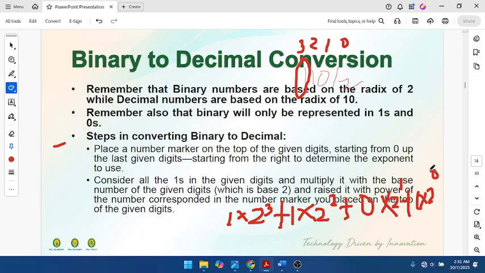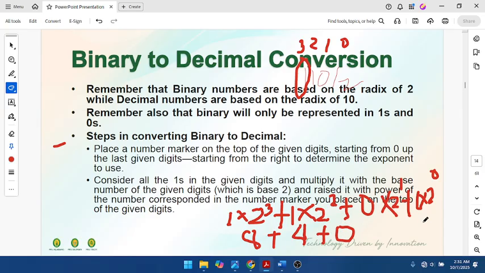So 1 times 2 to the power of 3 gives us 8, plus 1 times 2 to the power of 2 gives us 4. For 0 times 2 to the power of 1, we have 0 times 2 is equal to 0.